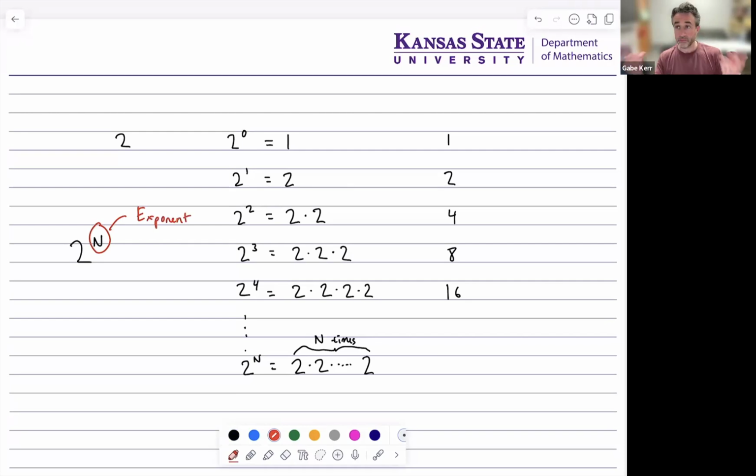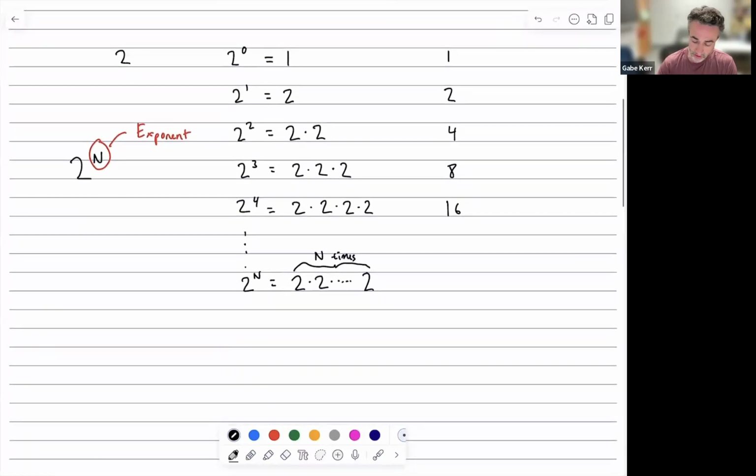That's something you may hear when someone is talking about powers of a number. And there are certain rules that might be useful to review as well.